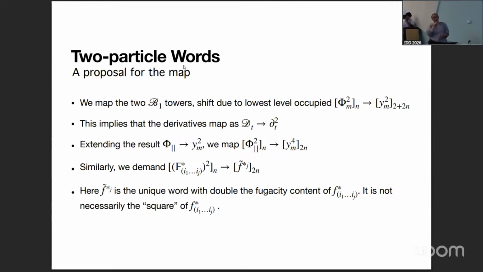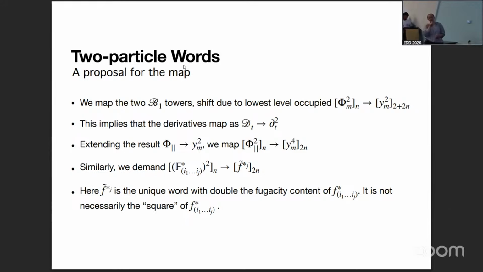Okay, so this is the map we propose. Basically we try to map the fugacity contents at weak and strong coupling, and on top of that we try to see what is going on with derivatives, though probably these details are not so important now.